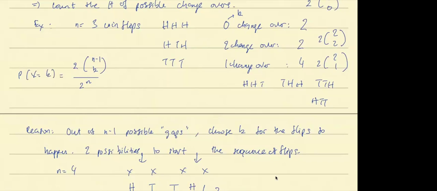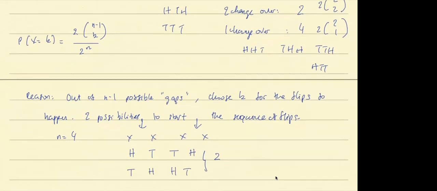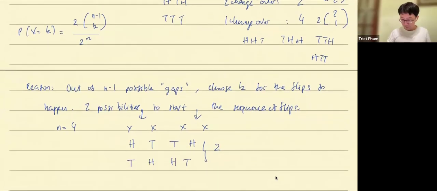Why do we multiply it by 2? Again, it's the 2 right here. Once you decide where the changeovers happen, then there are 2 ways to have those changeovers.